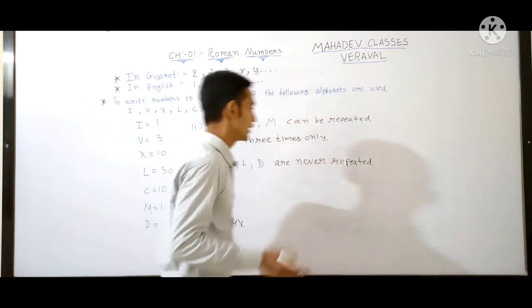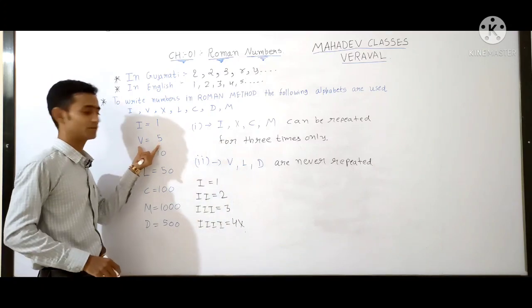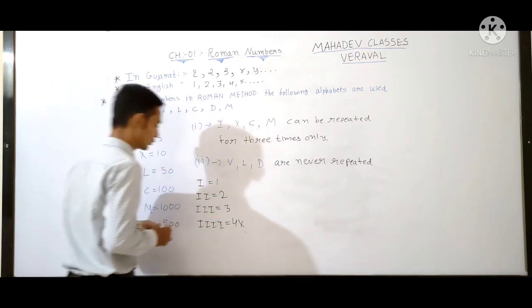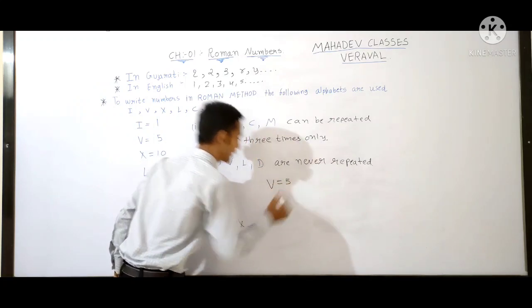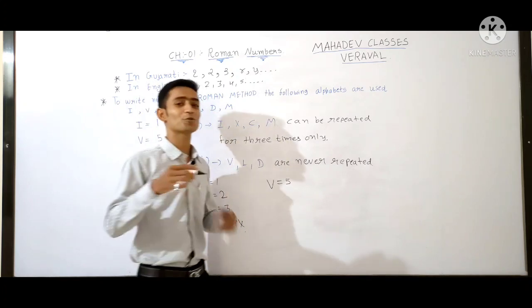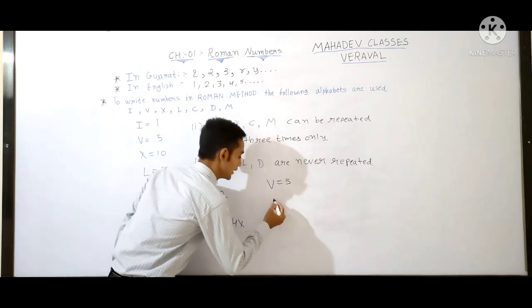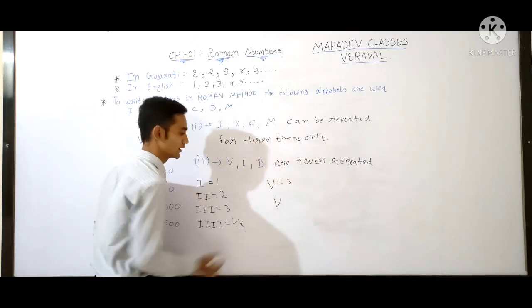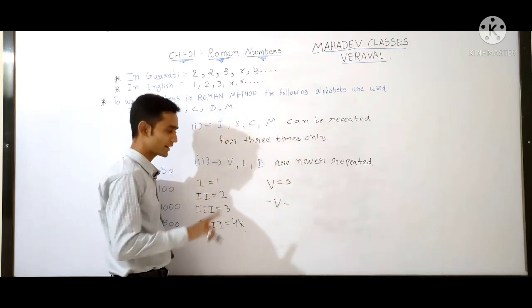Forget it for now. You already know the Roman number of 5, which is V. V is equal to 5. Now we have to learn another rule. Here is a V. This is its left side, and this is its right side.